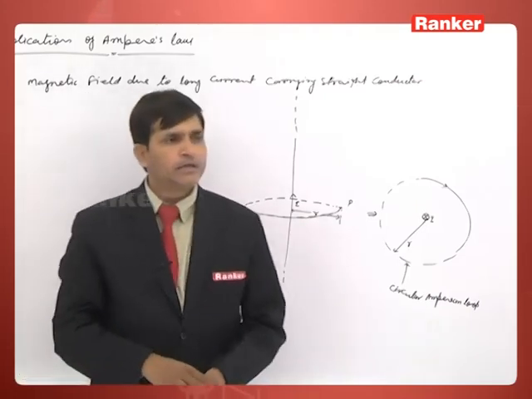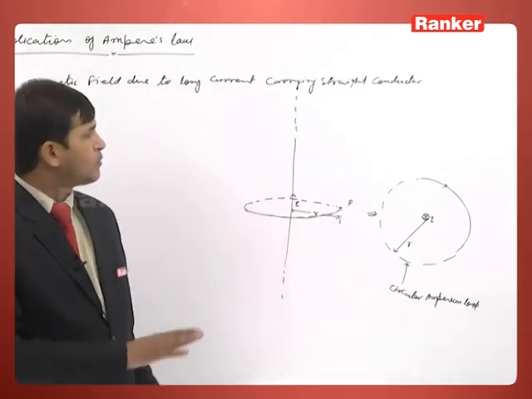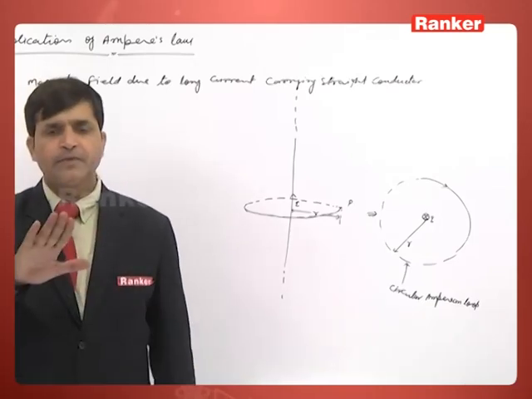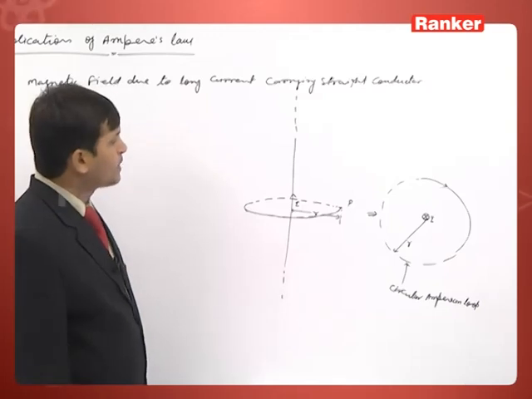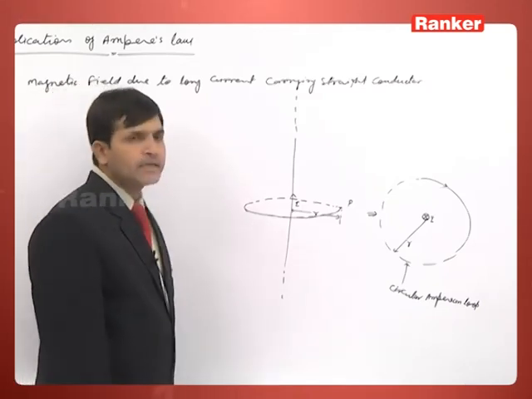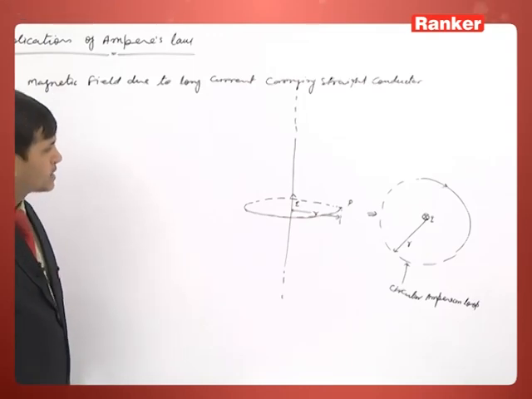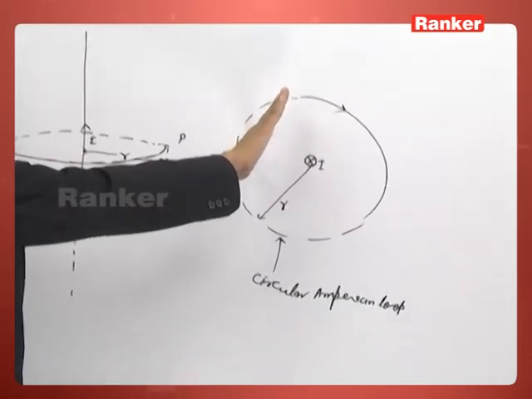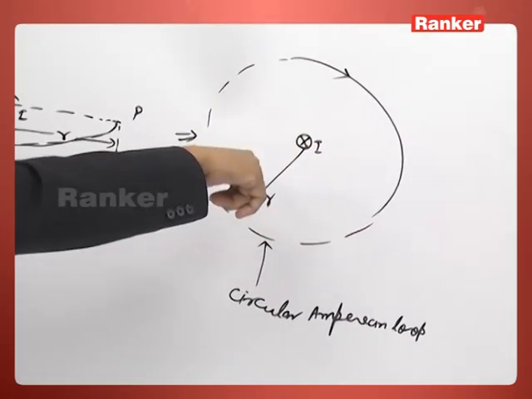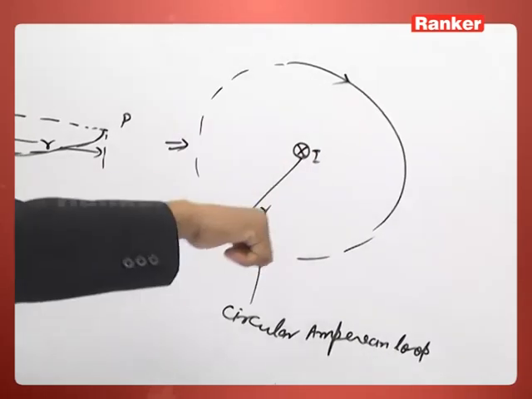Now, according to our right hand thumb rule, rotate your fingers in the clockwise direction and then see the thumb direction. All the current which is in the thumb direction will be taken as positive. If we rotate our fingers clockwise like this, our thumb is inward and the current is also inward.